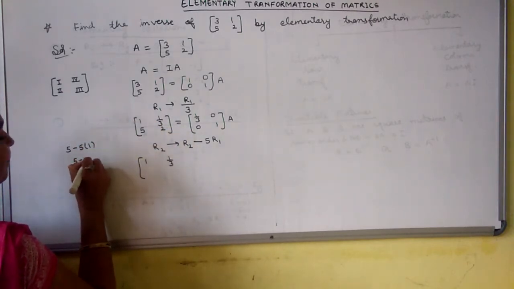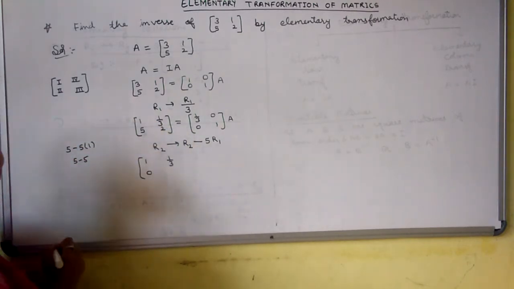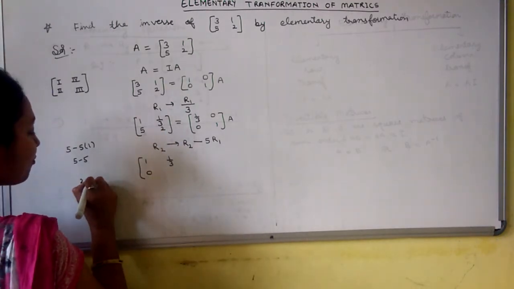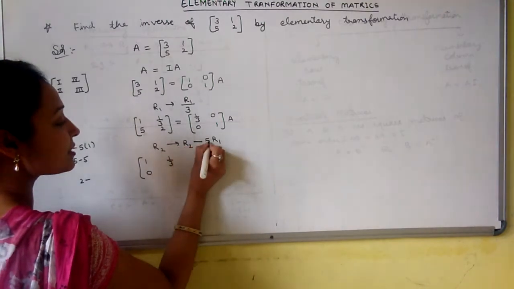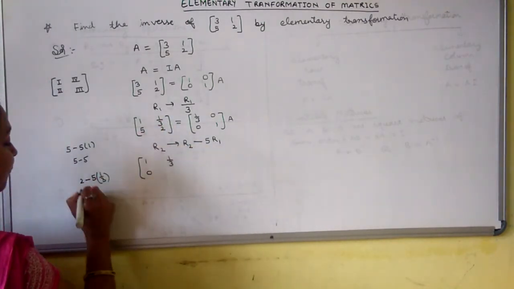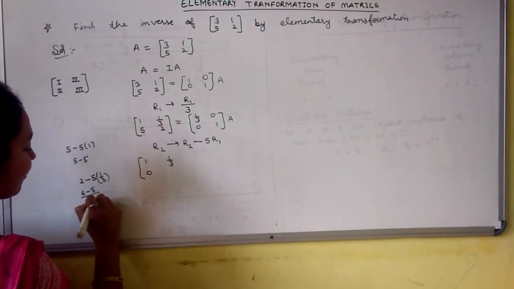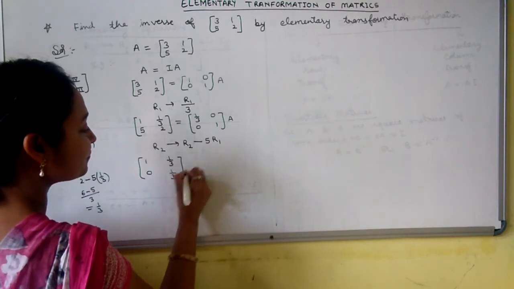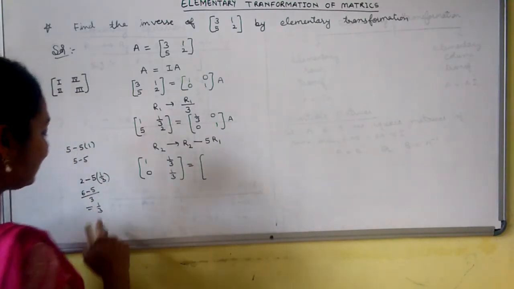So 5 minus 5 is equal to 0. Now the second element is 2 minus 5 times 1 by 3. After multiplying, 6 minus 5 upon 3, that is 1 by 3. So write 1 by 3 here.